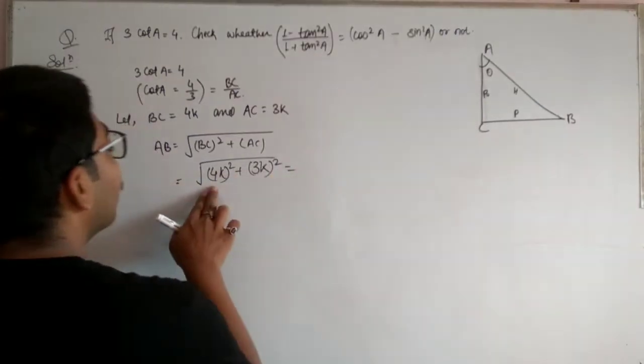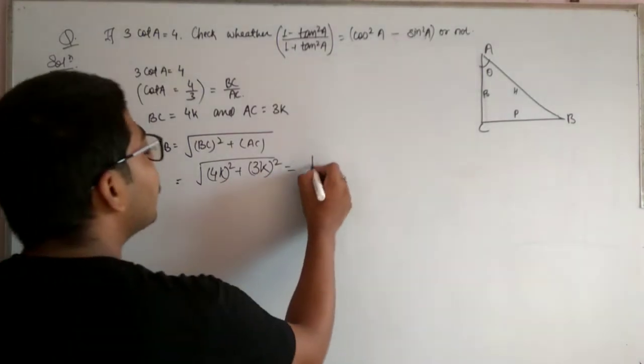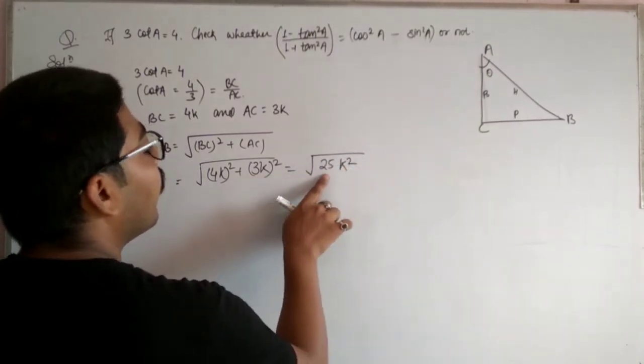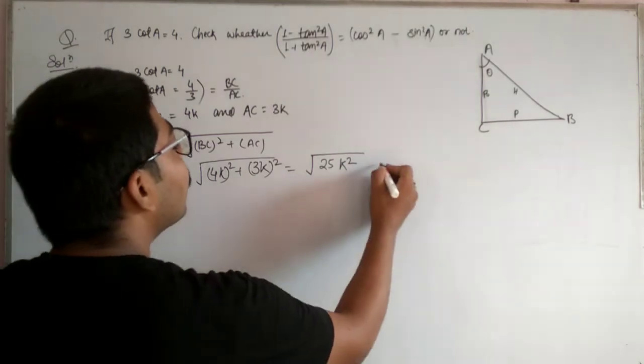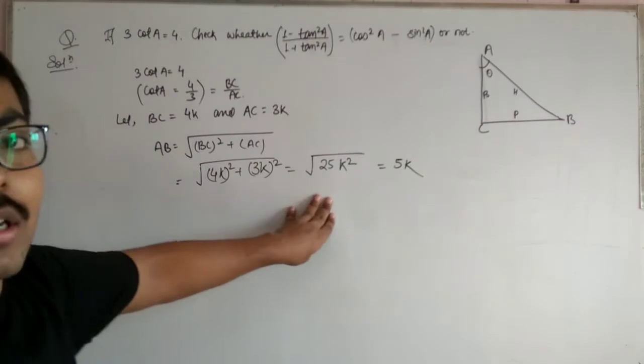The square of 4 is 16 and the square of 3 is 9. This gives us 25 K square, and 25 is the square of 5, so this will give 5K. I think this is clear to all.